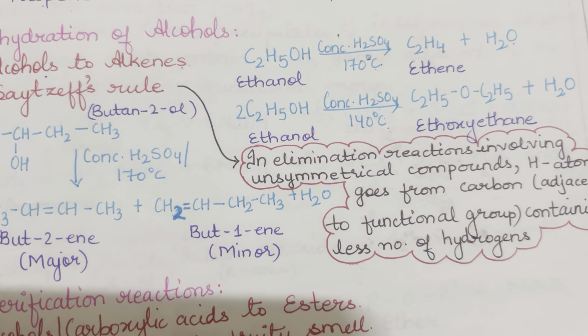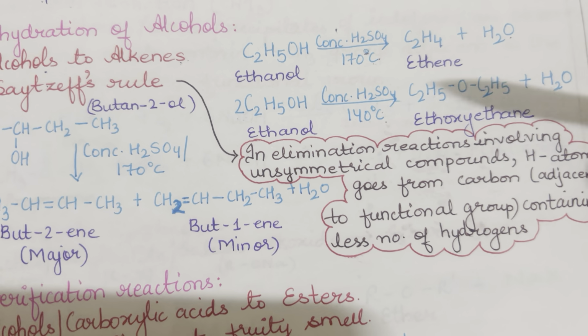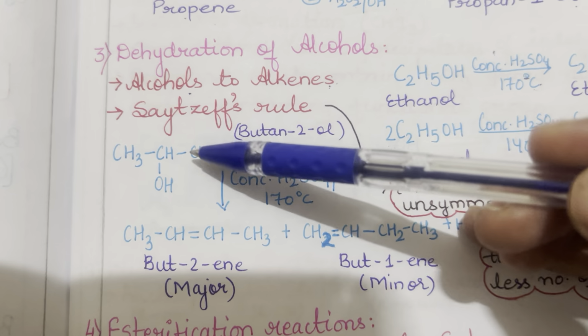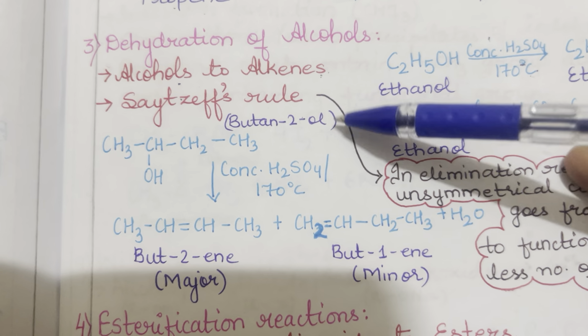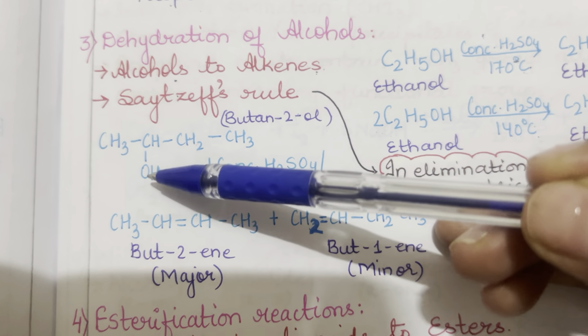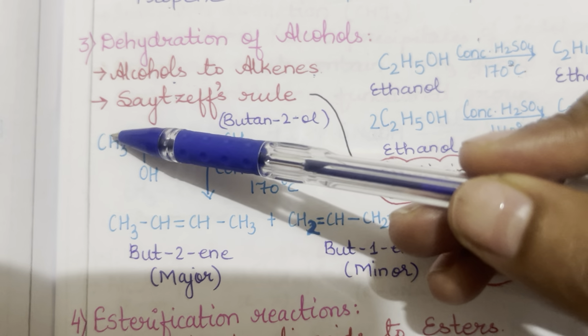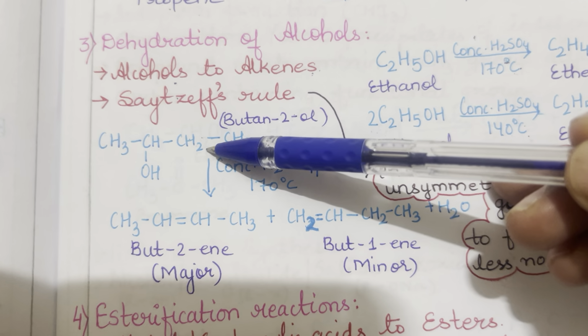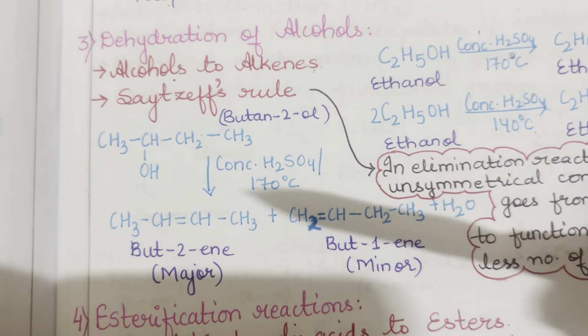But what will happen supposing you have an unsymmetrical kind of reagent? For example, you have this butan-2-ol. Now this OH is attached to the second carbon, but I have 2 adjacent carbons, where on one side we have 3 hydrogens and on the other side we have 2 hydrogens. So what will happen in this case?